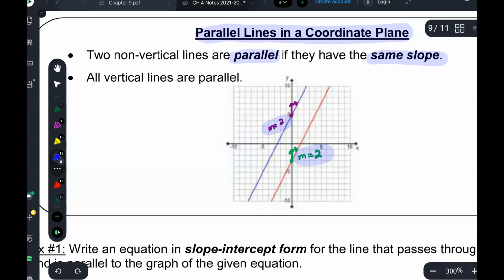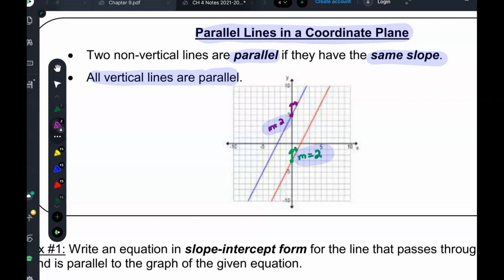Now I mentioned here all vertical lines are parallel. Why would I have to say all vertical lines are parallel? What do we know about the slopes of vertical lines? Well, they never connect, but specifically, what about a vertical line's slope? Oh, they never end. Yeah, what's the slope though, Gabe? 0. No, because they're undefined.